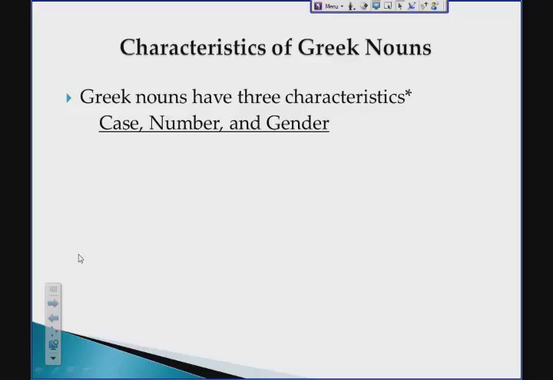Because now this is very, very important. How do we analyze Greek nouns? We're going to analyze them according to their case, according to their number and gender. Now, to make things simple, when we talk about number, this is basically what you have in English and Afrikaans also. Can you tell me the number that you have in the Afrikaans or English language?